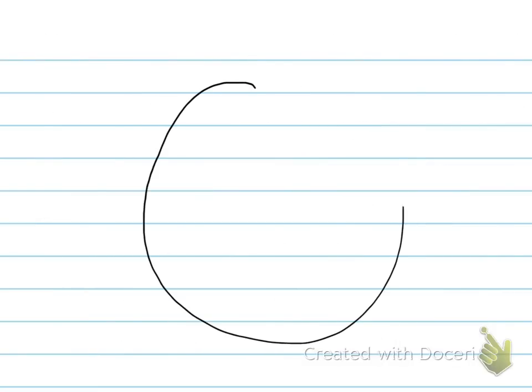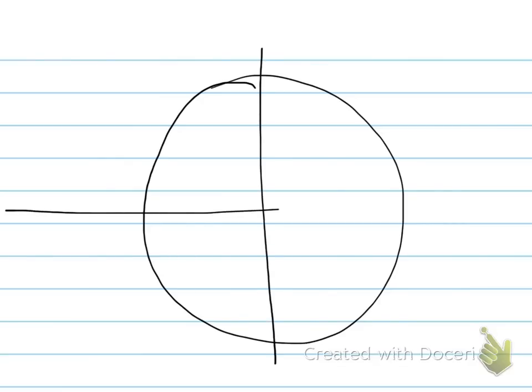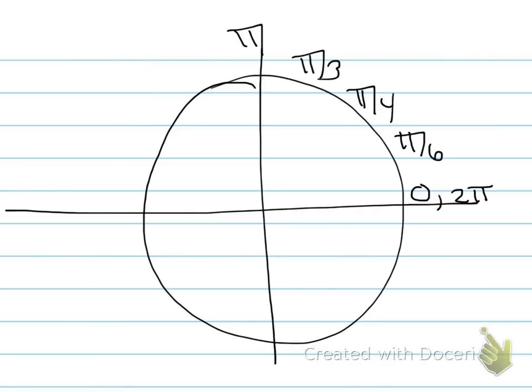So if you go back to the unit circle that we did the first week of school, we divided this into radian measures. We had 0, pi over 6, pi over 4, pi over 3, pi over 2, 2 pi over 3, 3 pi over 4, 5 pi over 6, pi.